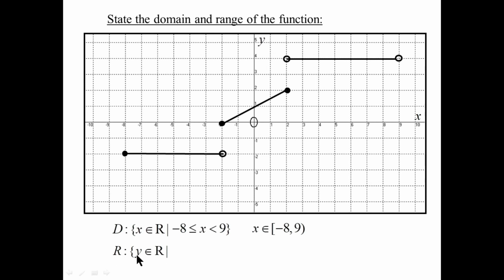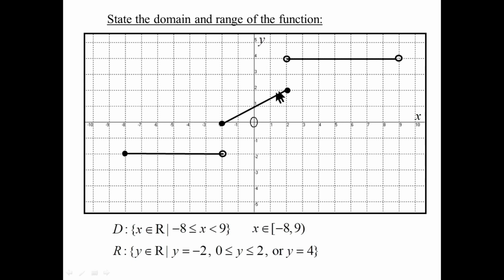The range is the set of y is in R such that y equals -2, comma, between 0 and 2, all along here, y is in between 0 and 2, so we've got y literally in between 0 and 2 with less than or equal to signs, including the endpoints because this is less than or equal to.